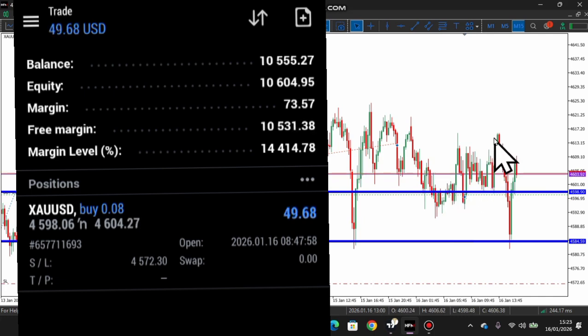So right now the time is no longer really favorable, and I'll be looking to exit this trade, and my target is this zone. If price happens to come back to this zone before the day ends, I will be exiting this trade at that point. So let's see how it goes. Let's hope for the best, and I'll update you guys.